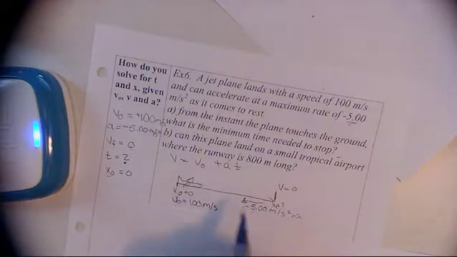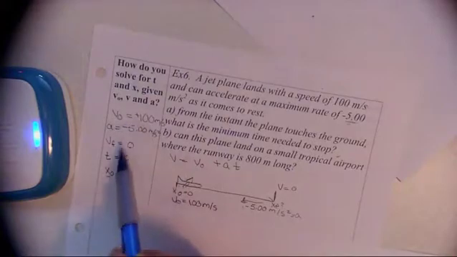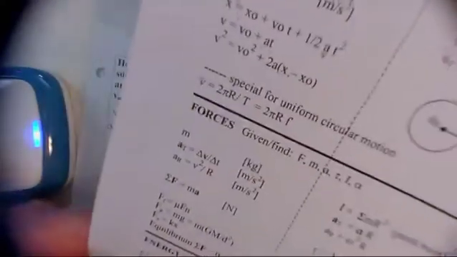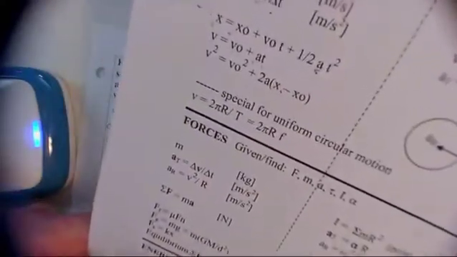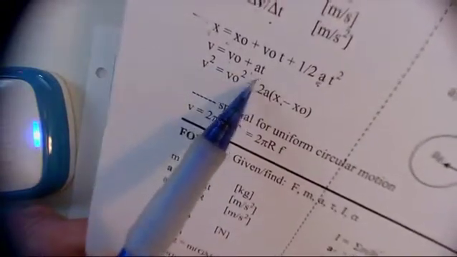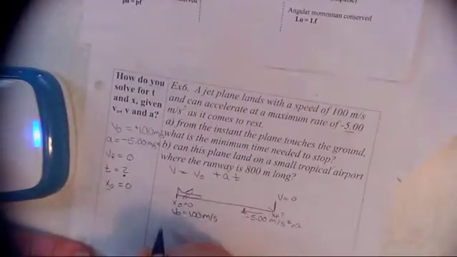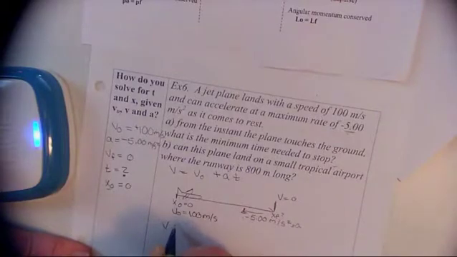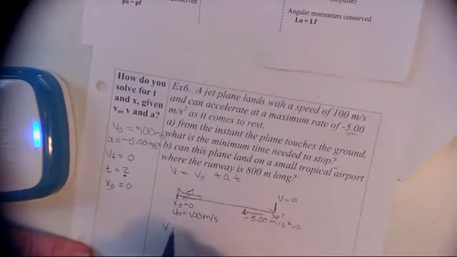So if we look at our equations, if we have our v naught and v final and acceleration, can we solve for time? When you look closely at them, you will see, there you go. The second one down has final velocity, initial velocity, acceleration, and time. So I have every piece but time, and that's what I want to solve for. So let's start by solving for time. V final equals V naught plus AT.